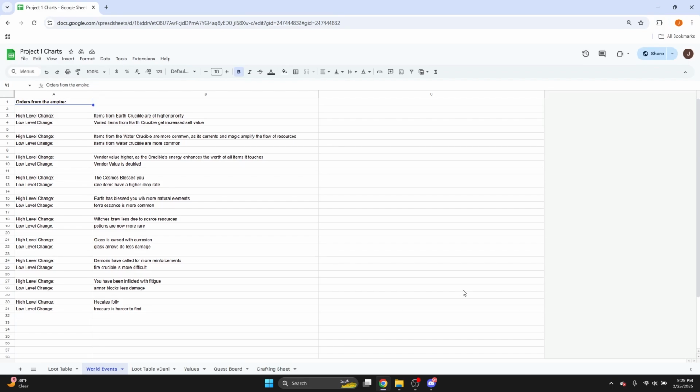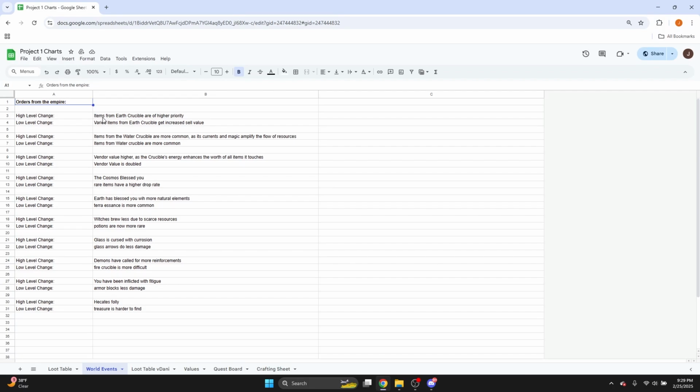It's not a fully fledged mechanic yet, but here is some of the stuff that we planned out. As you can see, there's a high level change, which is the game explanation of what's happening, and then the low level is what's actually happened.